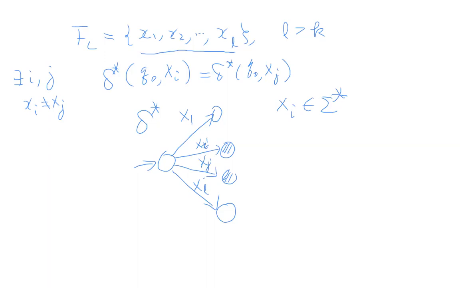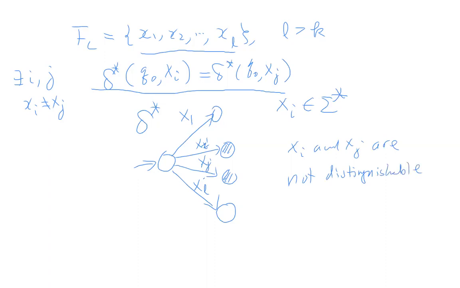So if this is the case, then xi and xj are not distinguishable, because for any z, if xi z is in L, then xj z is in L. So they will both hold or both not hold.